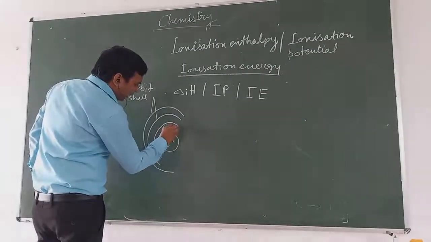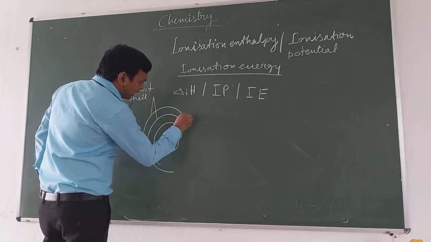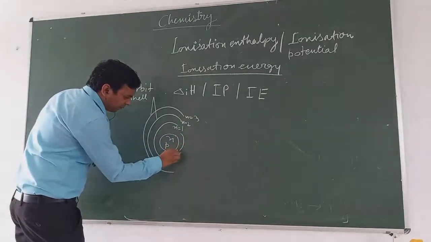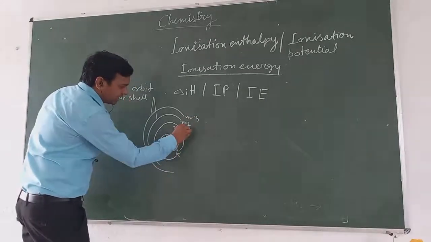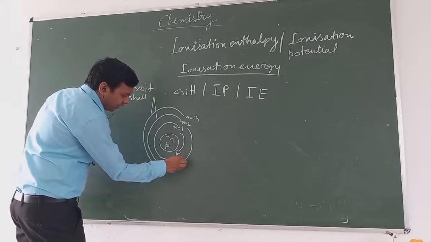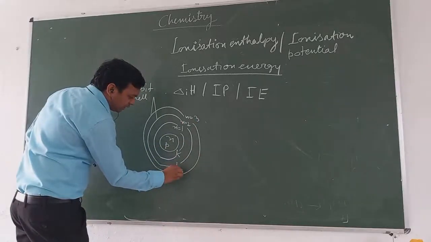Here n is equal to 1, here n is equal to 2, and here n is equal to 3. The first shell is represented by capital K, the second shell by capital L, and the third shell by capital M.